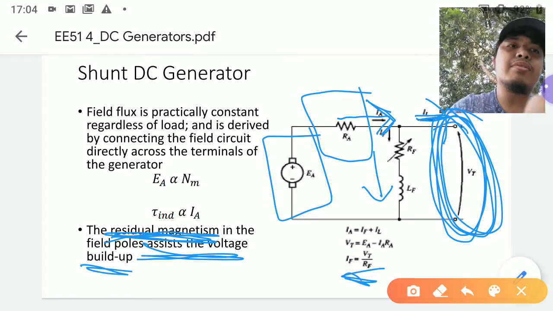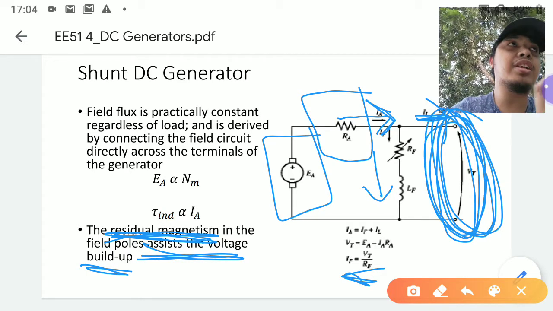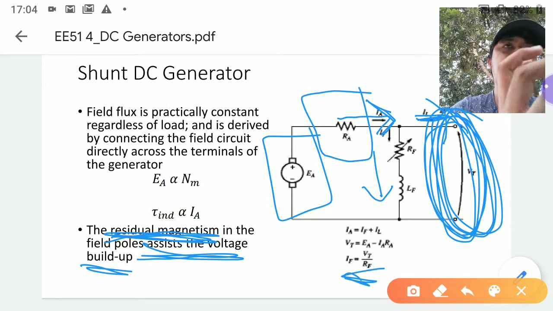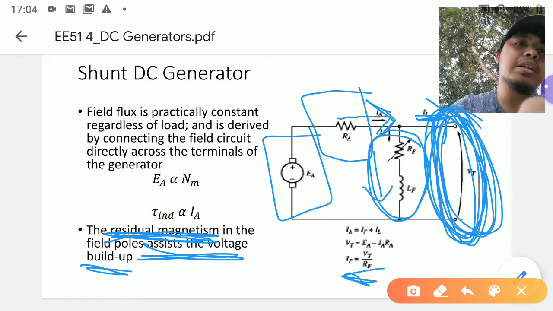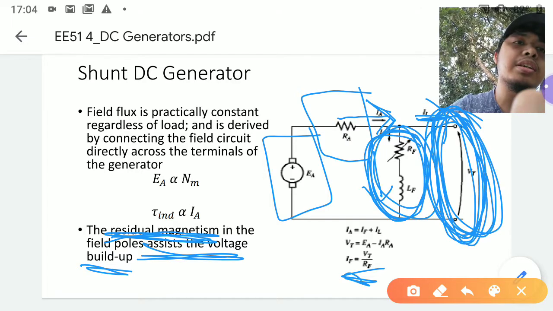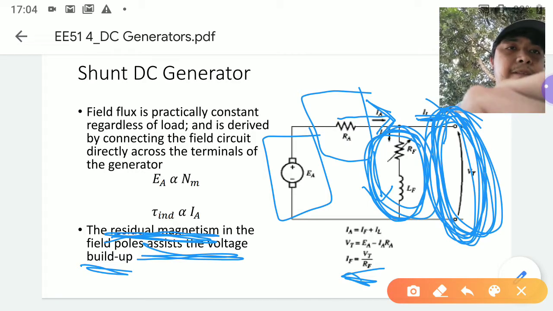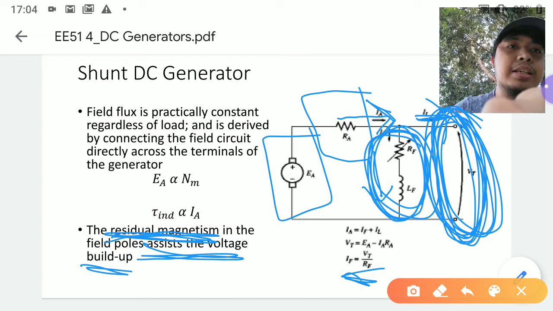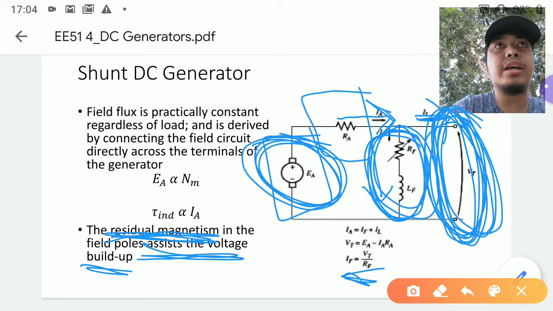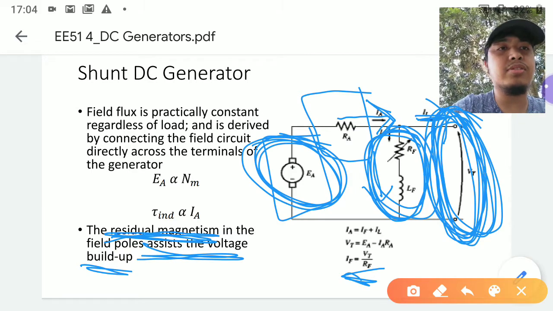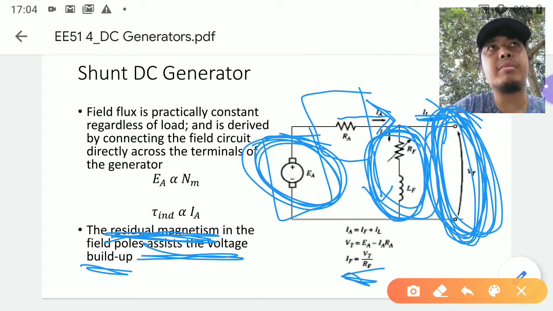And if you don't have a voltage here when the DC generator is off or cold start, therefore you don't have a current here. And since you don't have a current here, you can't make an EA, an induced voltage at the armature, because you don't have a magnetic field.